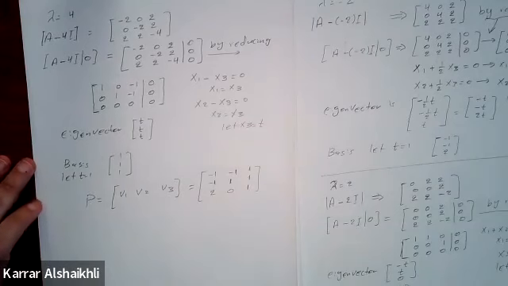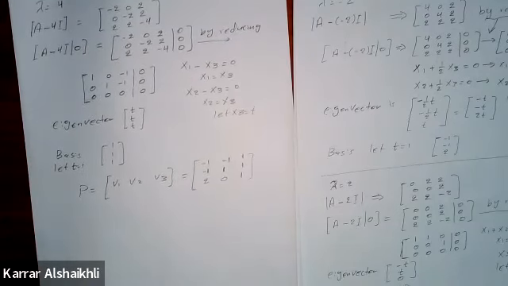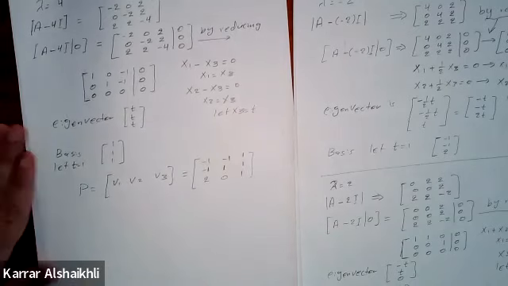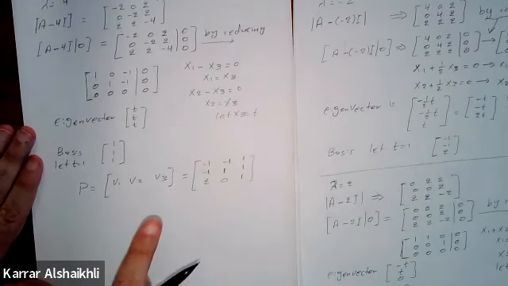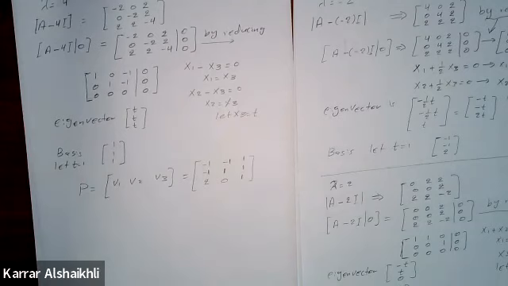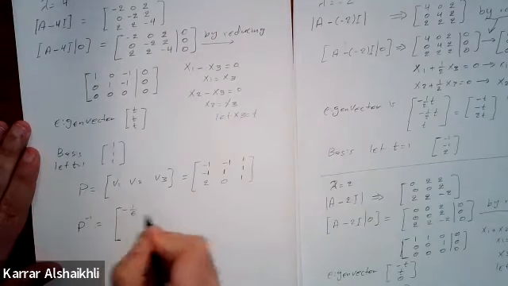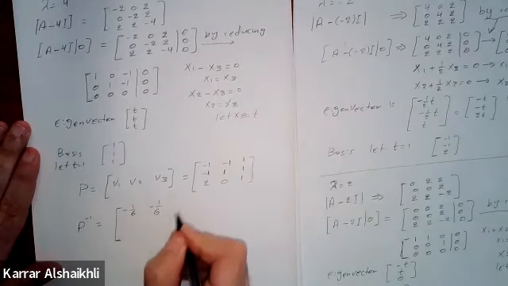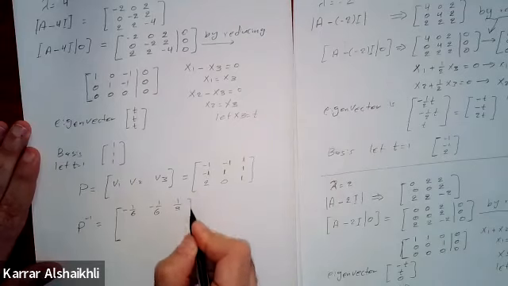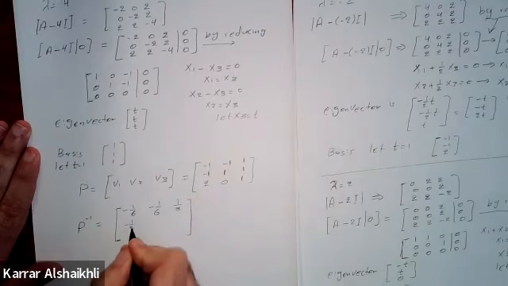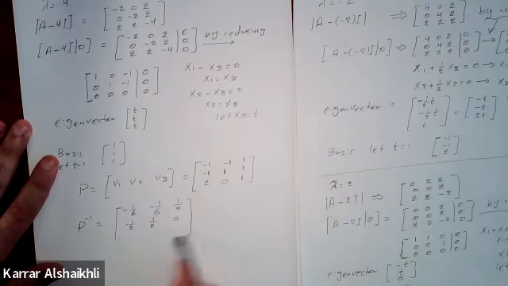This is that matrix P. Again, we need to prove A is similar to D, the matrix T. So we're going to find the P inverse, which is -1/6, -1/6, -1/3, -1/2, 1/2, 0, and 1/3, 1/3, 1/3. So this is the P inverse.